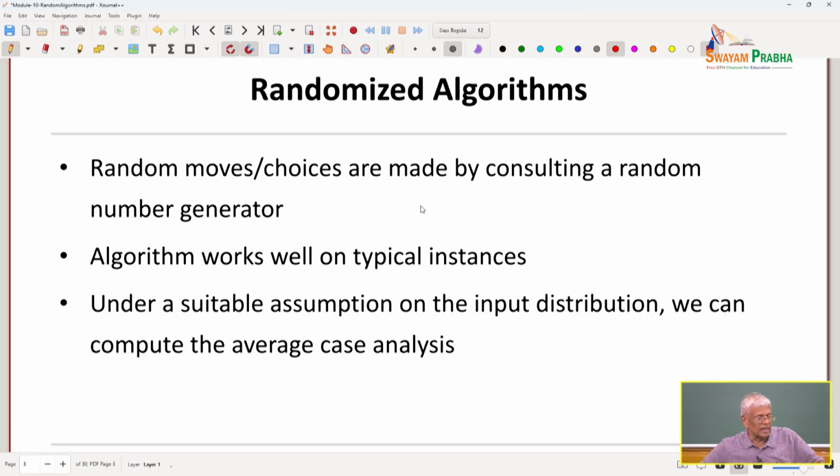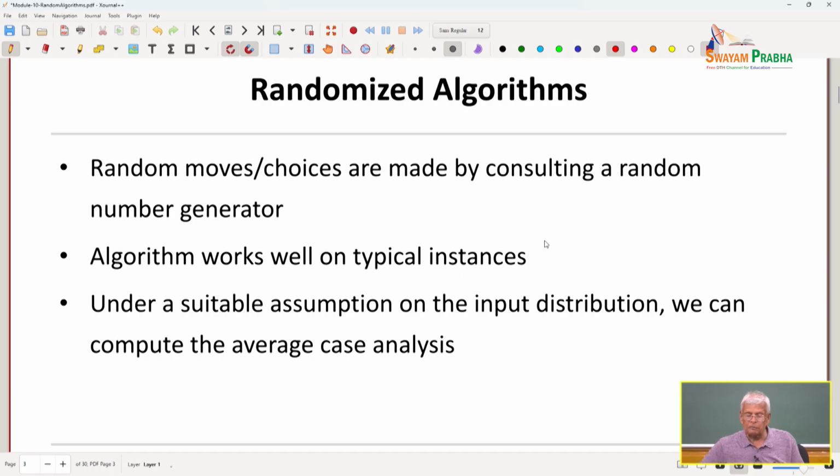The throw of a die can give you only 1 to 6. Two throws of a die will give you 1 to 36. But these number ranges may not be enough. So we would like to have access to more powerful random number generators. These random number generators are driven by algorithms. So we are going to talk about random number generators themselves.